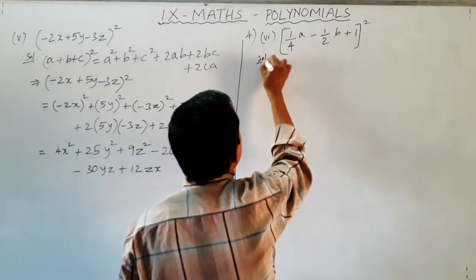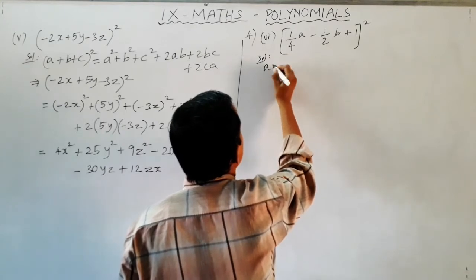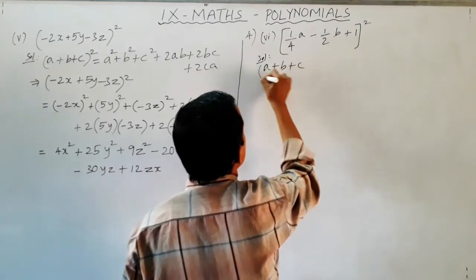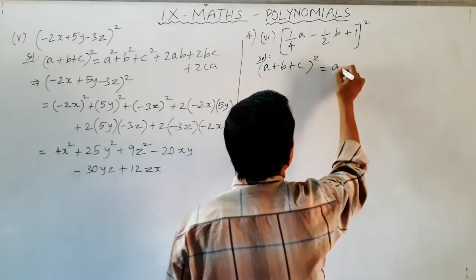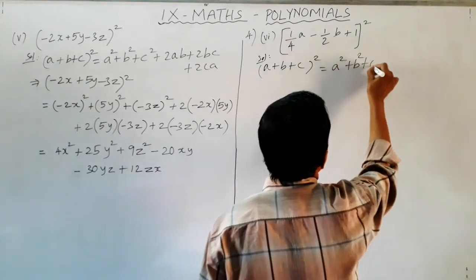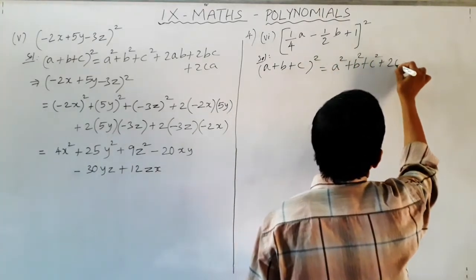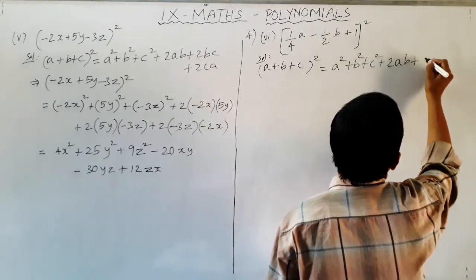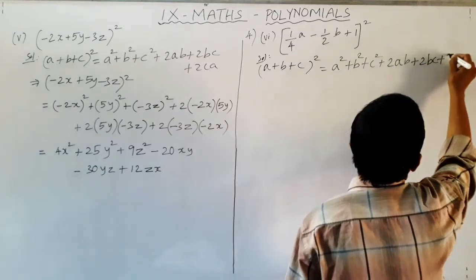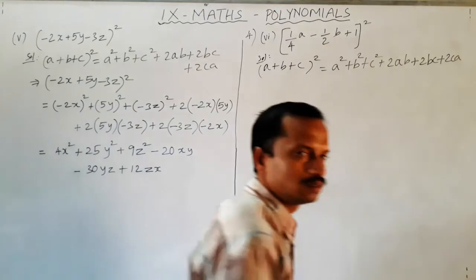So in the solution part, we just write a plus b plus c the whole square is equal to a square plus b square plus c square plus 2ab plus 2bc plus 2ca. Clear?